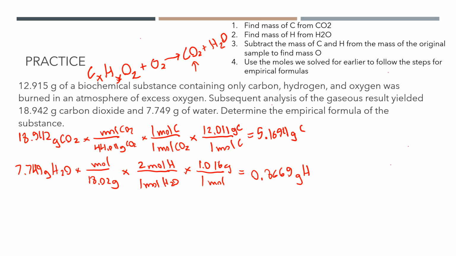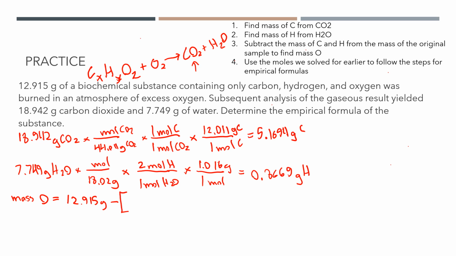And now the only thing left is oxygen. So how we're going to do this is to look at the mass of this substance. We know that it's 12.915 grams. So the mass of oxygen is going to equal your total mass, 12.915 grams, minus the combined masses of the carbon and hydrogen.